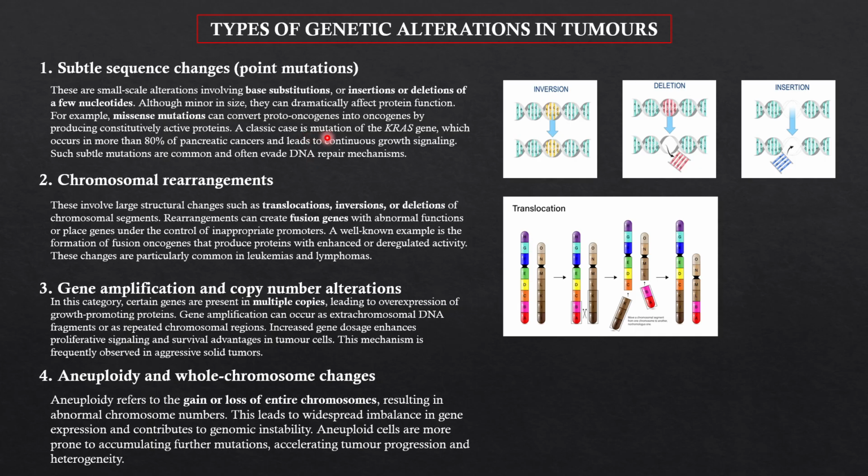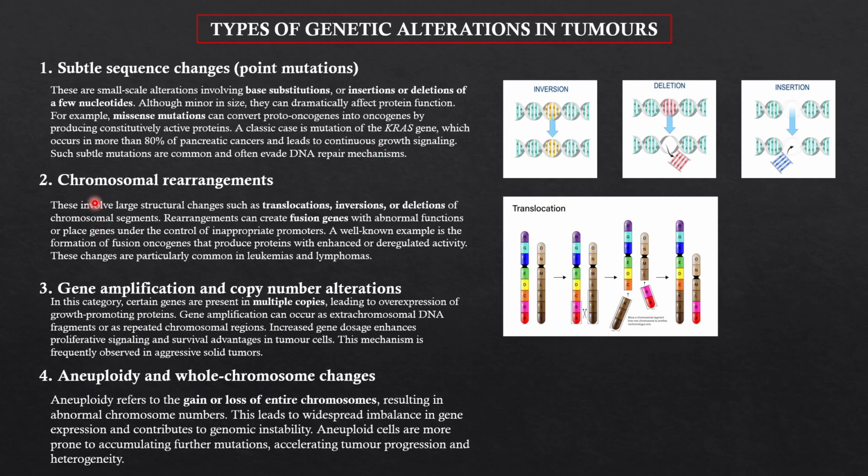A classic case is mutation of the KRAS gene, which occurs in more than 80% of pancreatic cancers and leads to continuous growth signaling. Such subtle mutations can be common and often evade the DNA repair mechanisms.